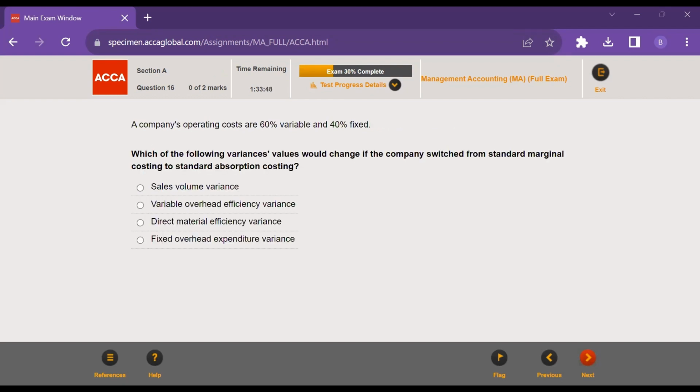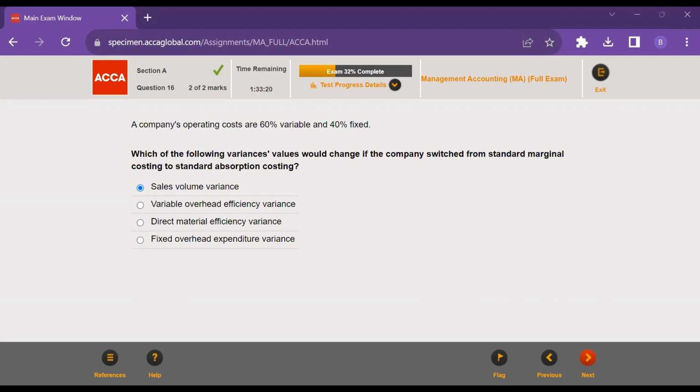A company's operating costs are 60% variable and 40% fixed. Which of the following variances values will change if the company switched from standard marginal costing to standard absorption costing? So we know that over here the sales volume variance will change, because under the marginal costing, this is valued at standard contribution, and under the absorption costing, it is valued at your standard profit.